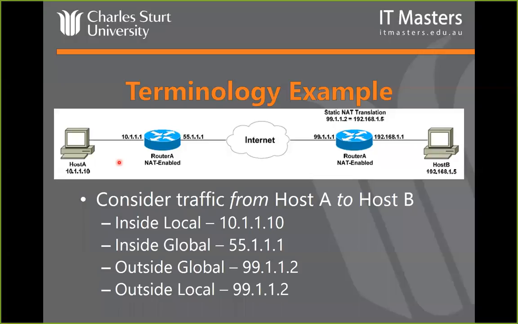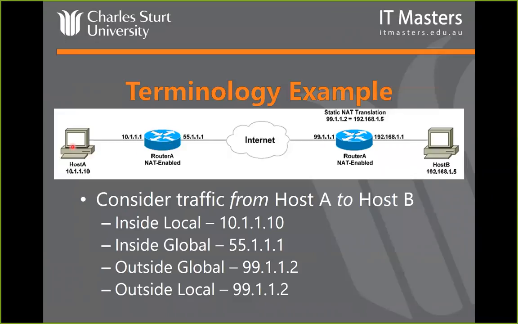So if we consider traffic moving from host A in this direction to host B, in this case, host A's network is the inside, and anything on this side of router A is outside. So we're going to consider those. Now, router A is NAT enabled, and what we're basically saying here is it's using port address translation, so it's using overload NAT.